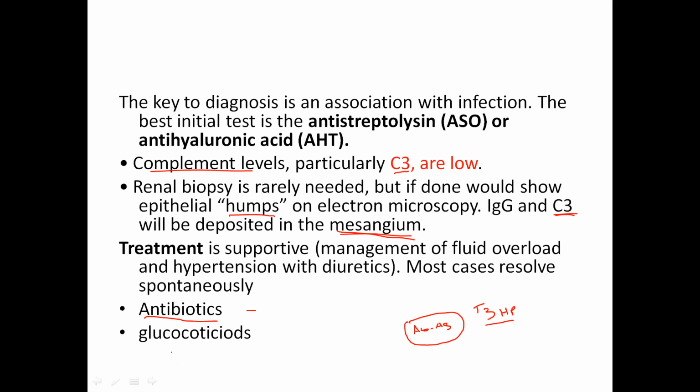As for glucocorticoids or steroids, you will not give steroids to all patients with post-streptococcal glomerulonephritis. You will only give them if there is progressive renal failure, especially in adults. Biopsy is not important.